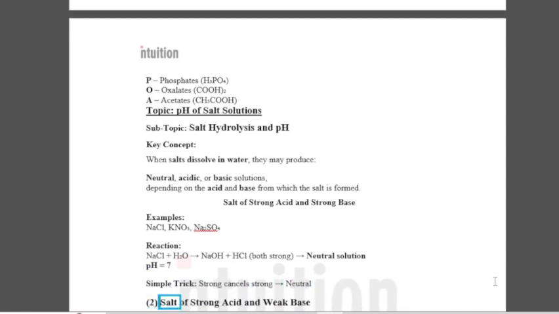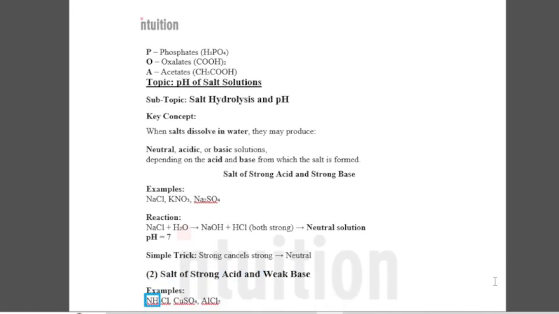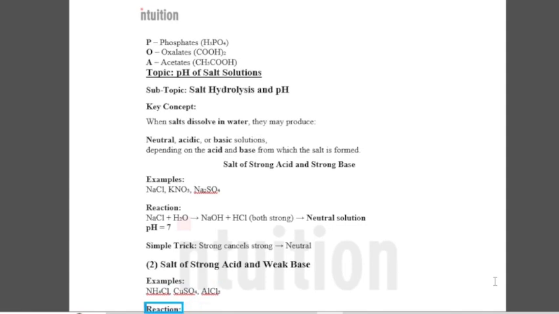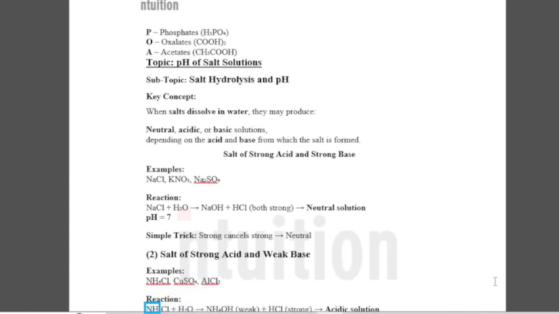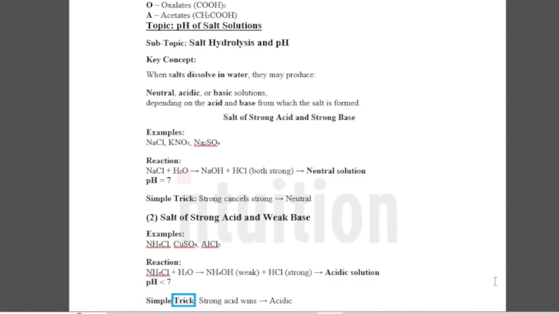Two. Salt of a strong acid and a weak base. Examples: NH4Cl, CuSO4, AlCl3. Reaction: NH4Cl plus H2O gives NH4OH, weak, plus HCl, strong. The solution is acidic, pH below 7. Simple trick: strong acid wins, acidic.